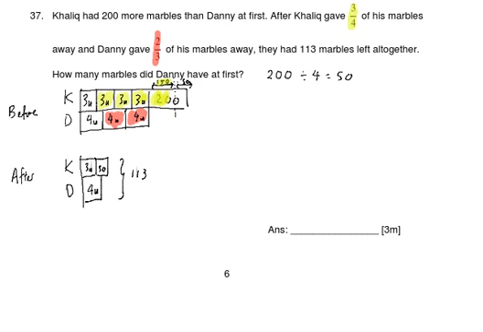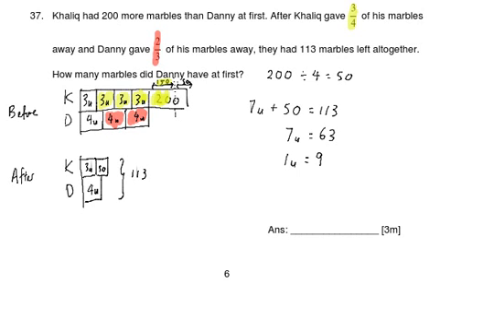Okay, very good. So she formed the equation 3 units plus 4 units equals 7 units plus 50. And this will give me 113. I know that my 7 units equals 63, right? 1 unit equals 9.